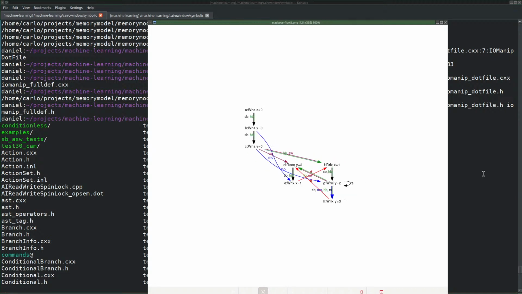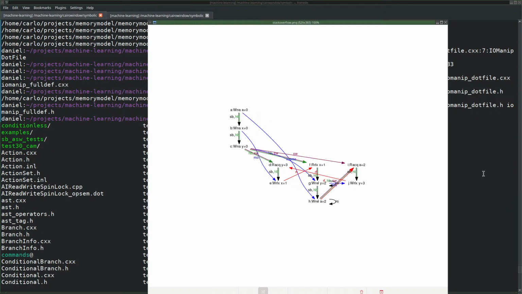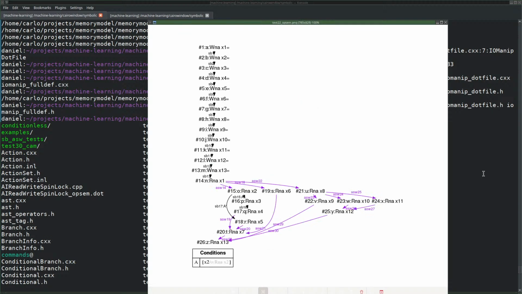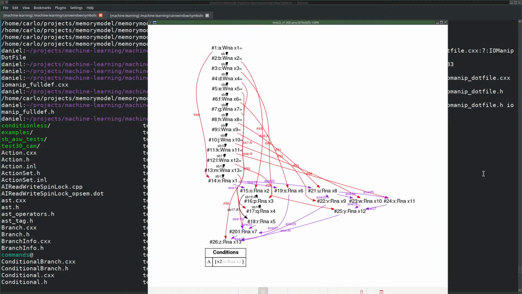There's a more complex one here. That's the beauty of programs, I think.